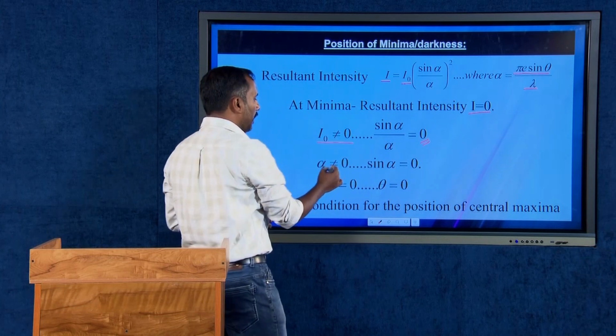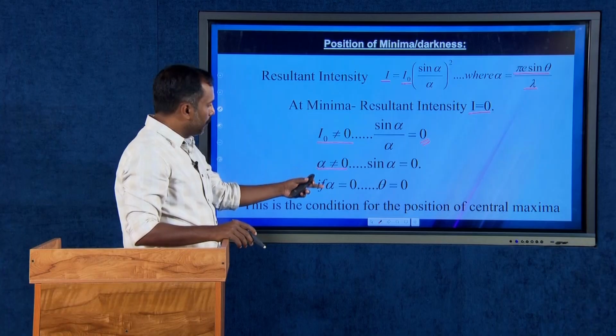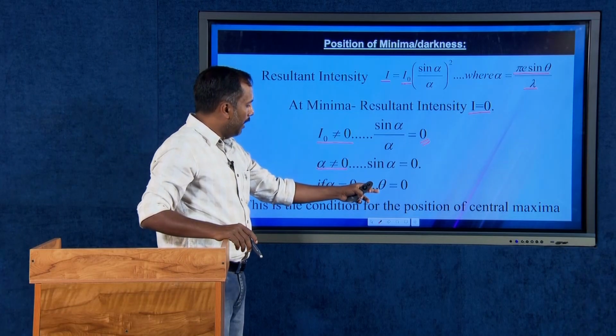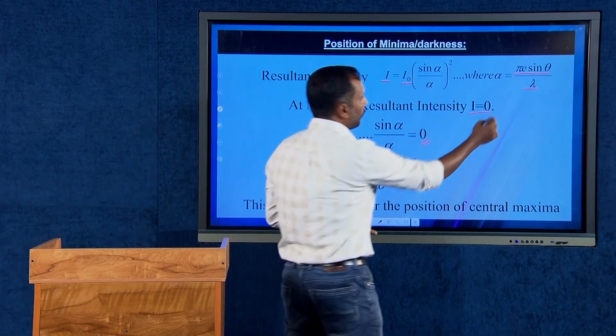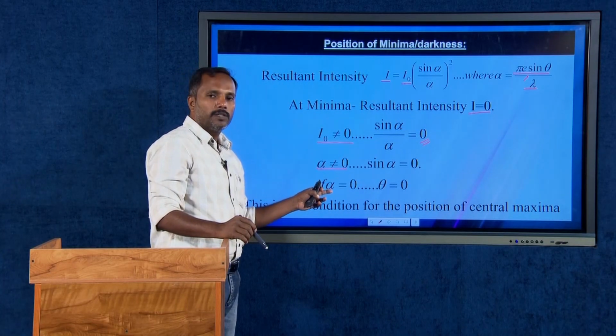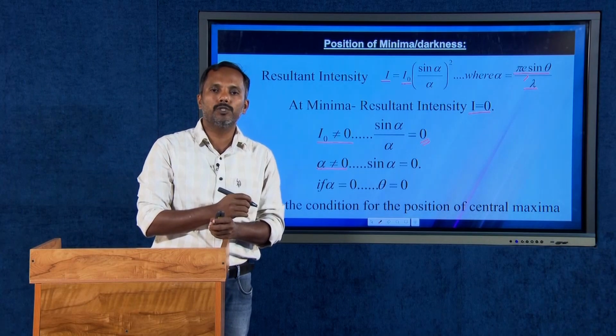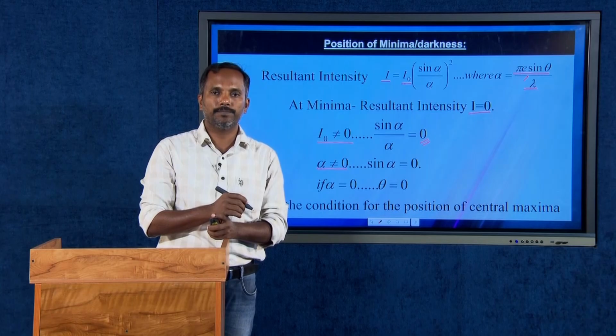In this case alpha cannot be 0. If alpha is 0, then from this equation theta is equal to 0. Therefore, theta equal to 0 or alpha equal to 0 gives the position of the central maxima.